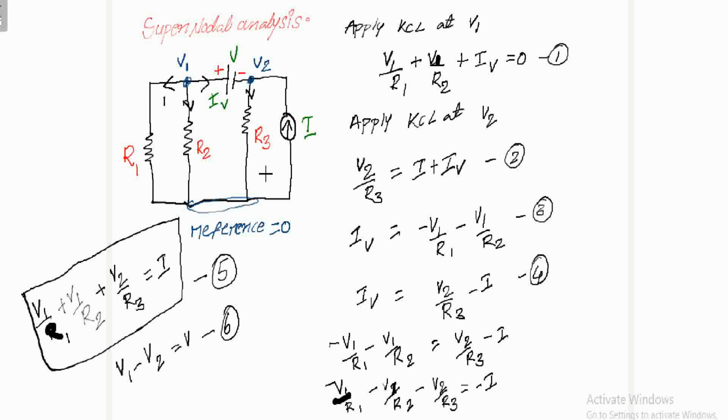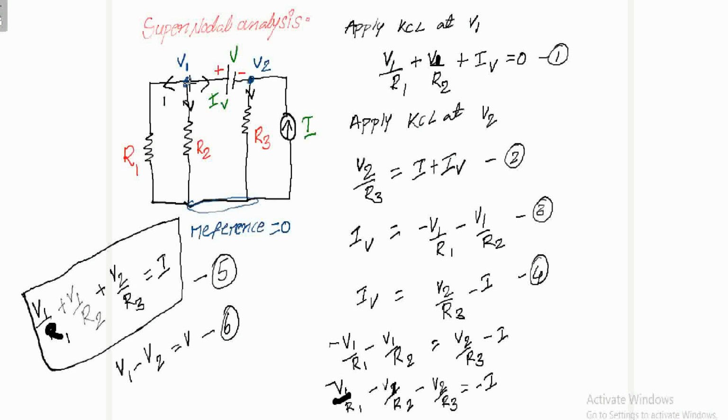So like this, for super node analysis we have to apply the KCL. But how are you getting this V1 by R1, V1 by R2, V2 by R3 equal to I? Actually, while solving the problem, there is no need of applying the KCLs separately. So without applying separately the KCLs, how do we get V1 by R1, V1 by R2 and V2 by R3 equal to I?